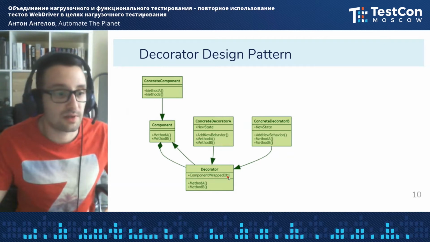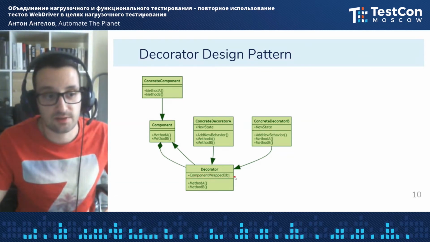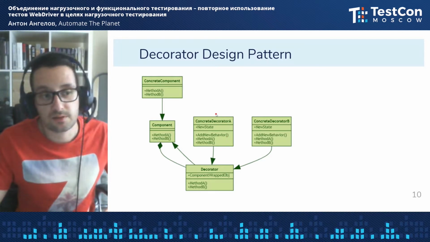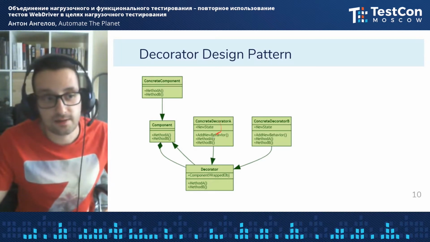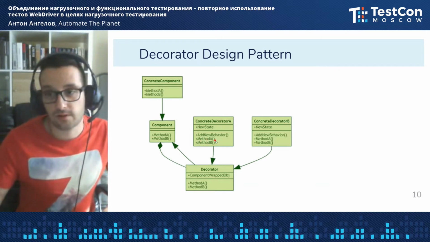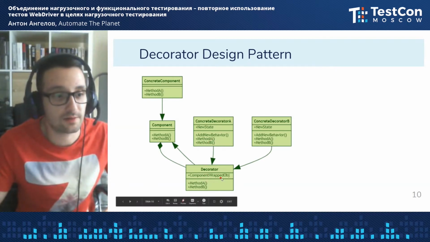The composition means that instead of using inheritance, we are just placing the wrapped component or object as a variable, as you will see in a minute. And in the decorators, the decorator basically adds the new behavior. In this method A, which is part of our core interface, we execute the component wrapped object, for example, type text.